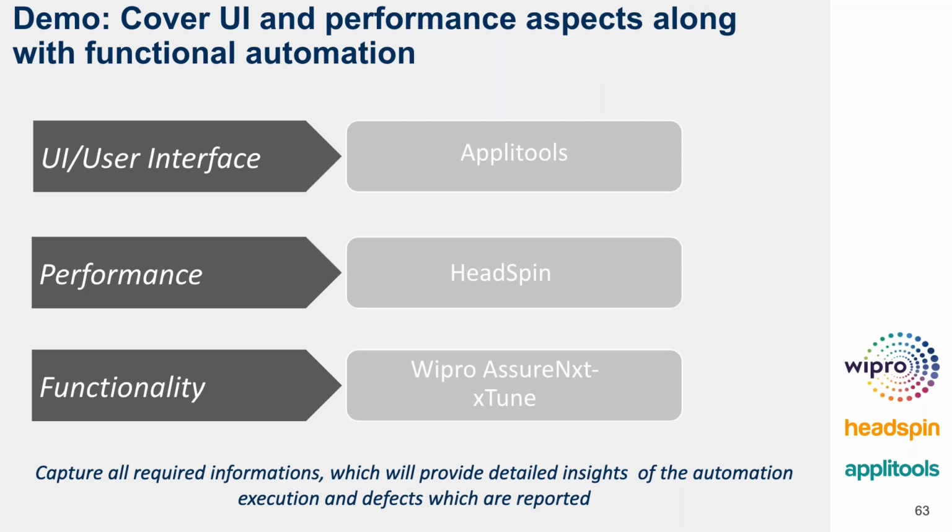We are also leveraging the Azure Next platform, an automation platform created specifically for mobile. This platform integrates both Applitools and Headspin to cover UI and performance validation along with functional automation. Can you move to the next slide, Anand?